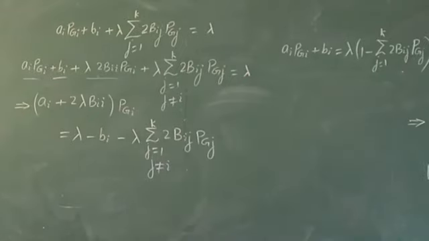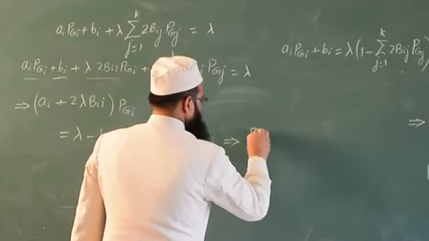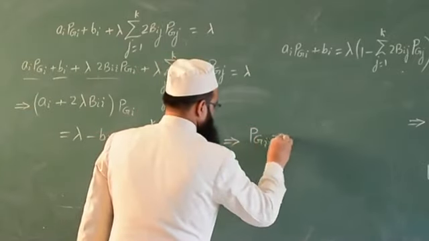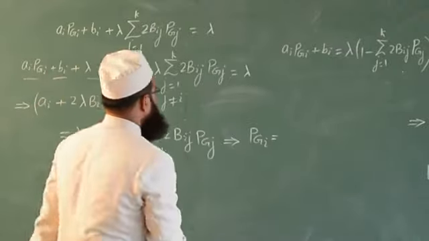So, take PGi one side. This implies PGi is equal to this upon this.